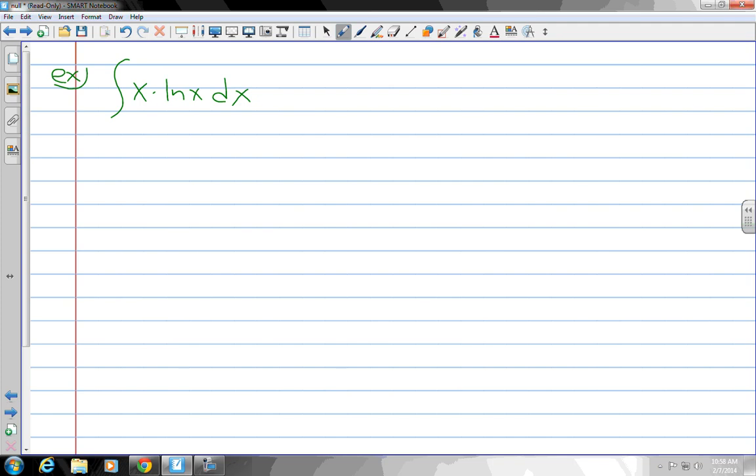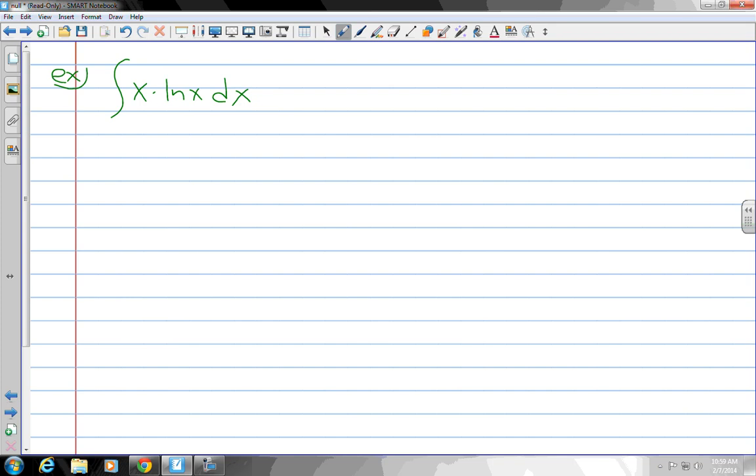So therefore, v would be the integral of natural log of x. Do you know the antiderivative of natural log of x? No. You actually have to integrate it by parts to get the antiderivative of natural log of x. So natural log of x would be a very poor option for dv because it's hard to integrate. But it's easy to differentiate. Do you agree with that? The derivative of natural log is very simple. It's 1 over x, right?